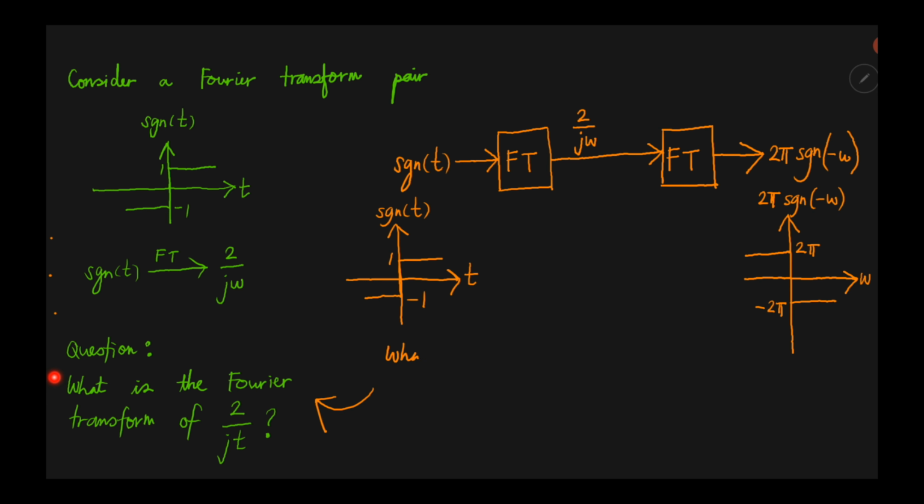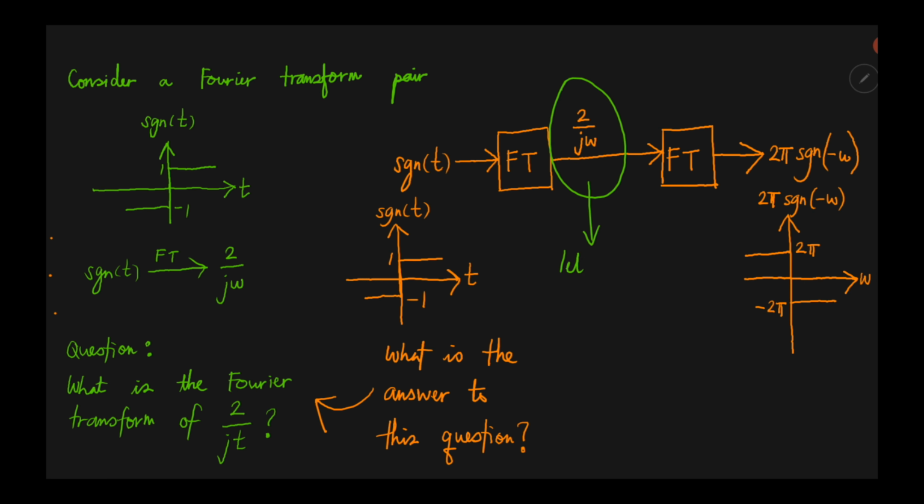Now back to the question, what is the Fourier transform of 2 over jt? We already have a nice relationship. The Fourier transform of the signum t will produce 2 over j omega, and the output of the second Fourier transform is 2 pi signum minus omega. Let the input to the second Fourier transform be 2 over jt.